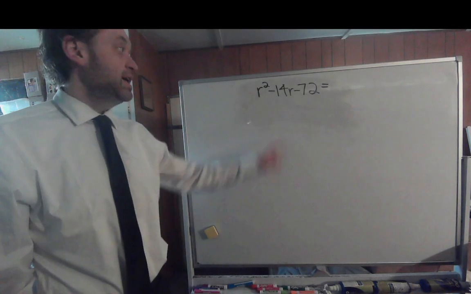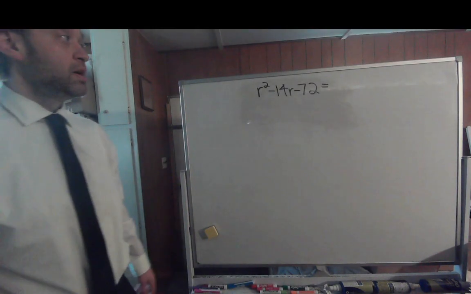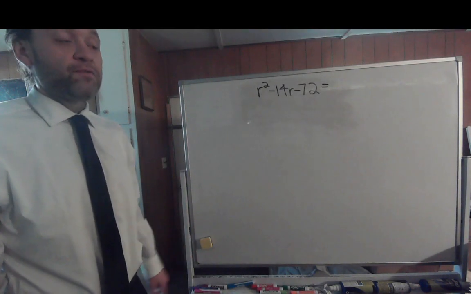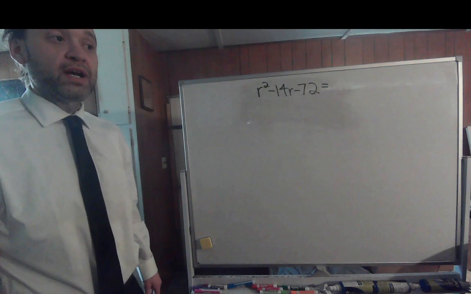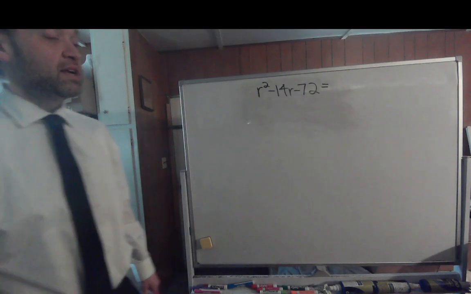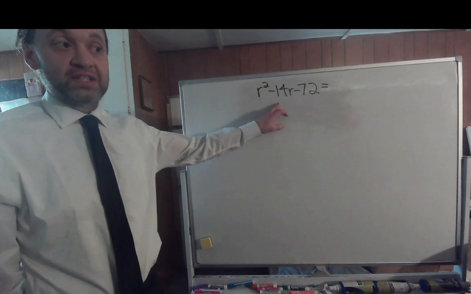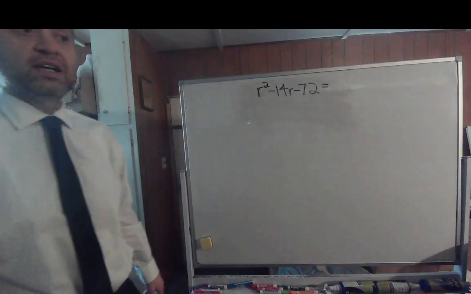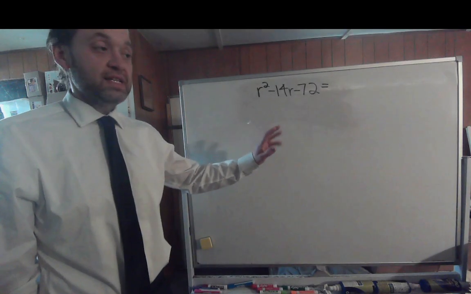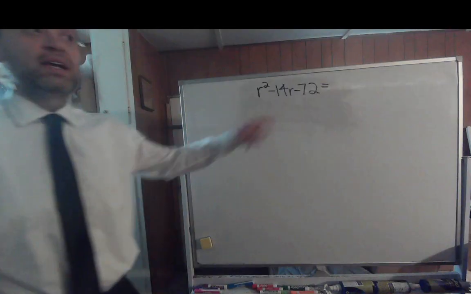That would give you negative 21. Nope. So let's see, how about negative 4 and 18? If you add negative 4 and 18, you would get positive 14, so we're real close. So that means it's got to be 4 and negative 18. If you add 4 and negative 18, you'll get negative 14.